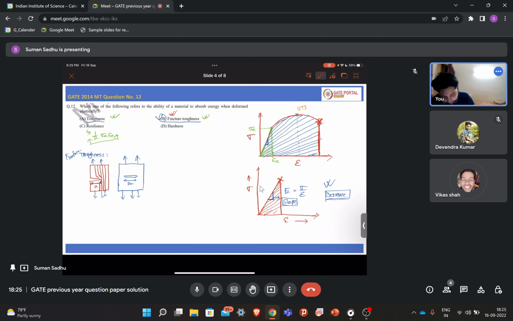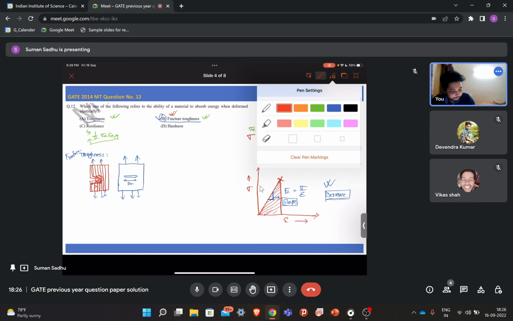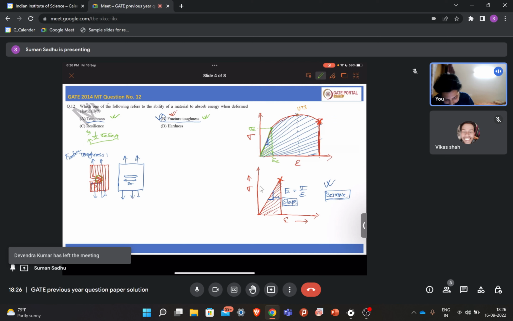because of the unavailability of the material near the crack. So the stress line will be bent like this. What will be the situation here then? Here the stress concentration will be very high near the crack tip, right?